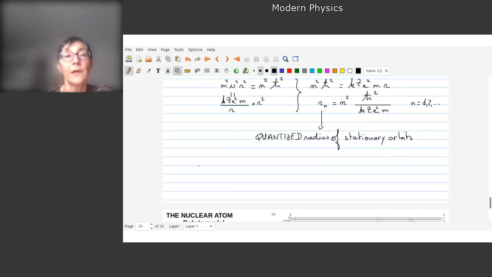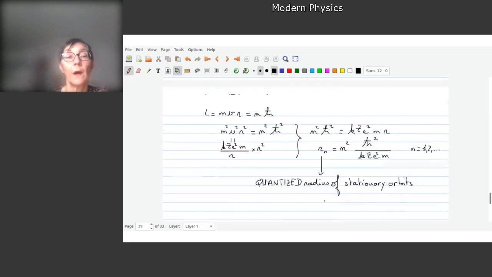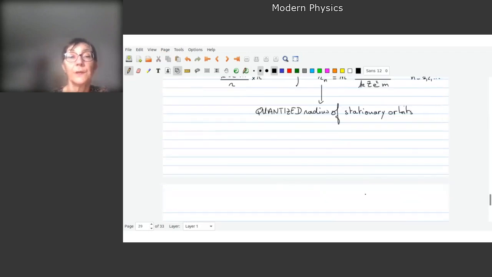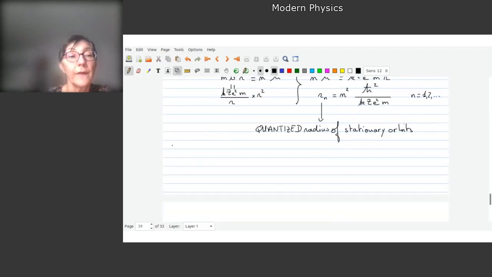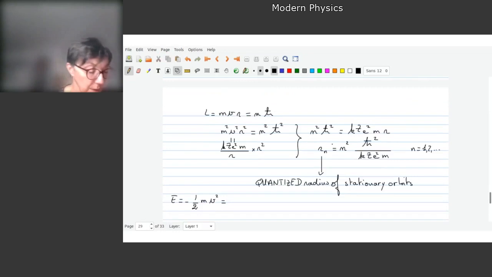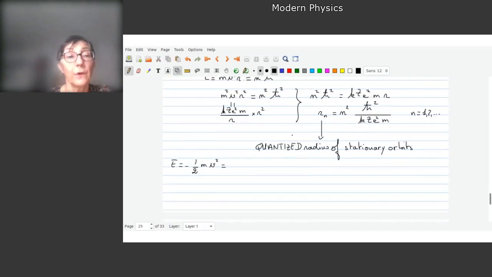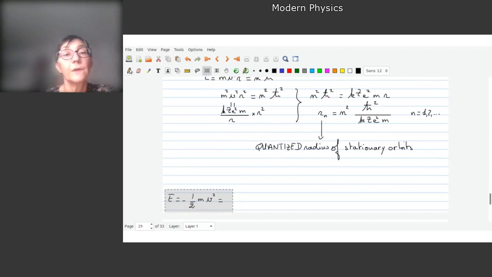And we can go on like this because for each R we have an energy. You remember we wrote that the energy was equal to minus 1/2 of mv square. But before going on, I want to write something important.